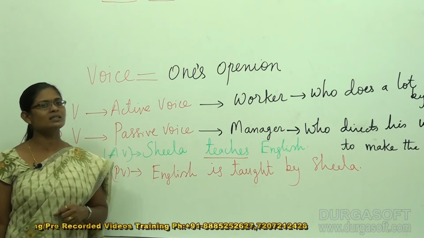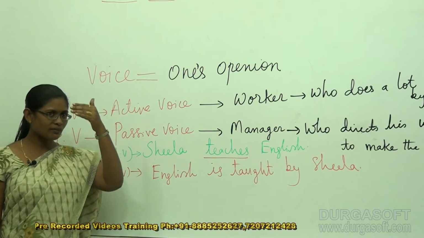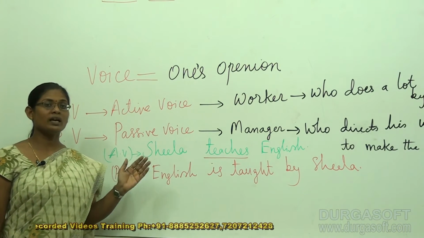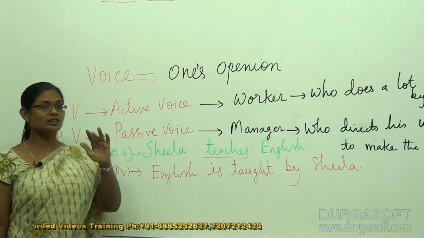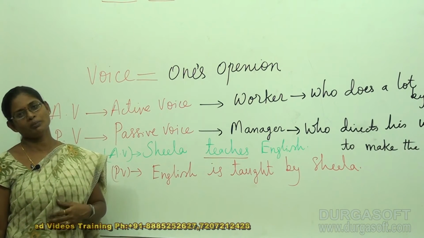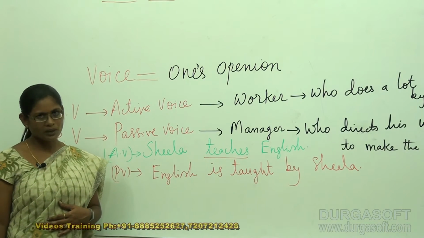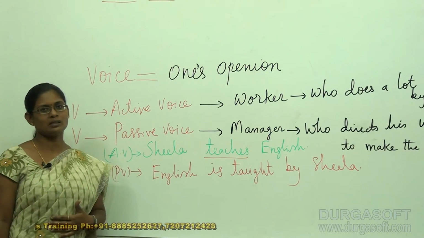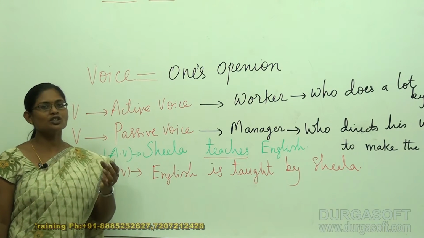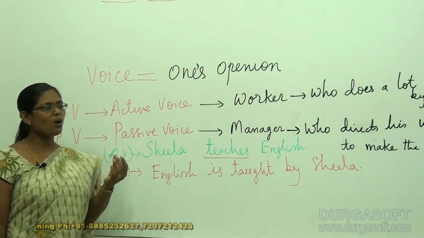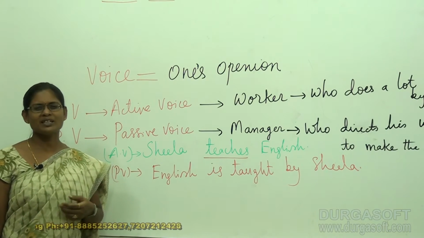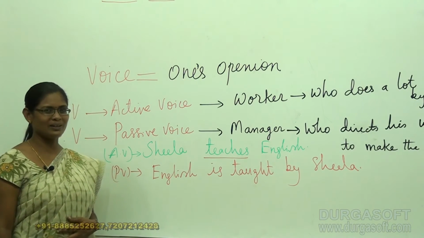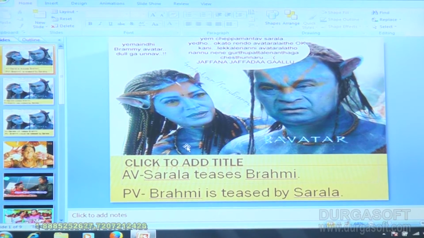As we have dealt with 12 tenses in our previous sessions, we can also convert these 12 active voices into 12 passive voices. But for instance, I would like to show you a few examples of how we usually play games with active voices in our daily life. Okay, let's have a quick look at it.